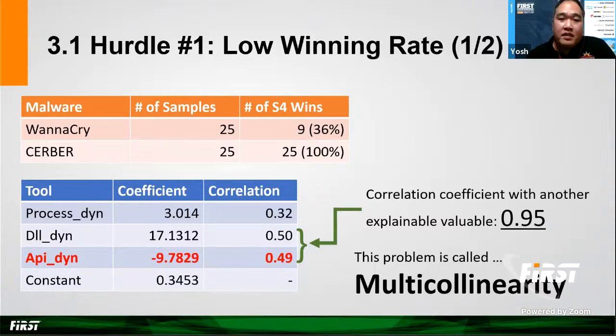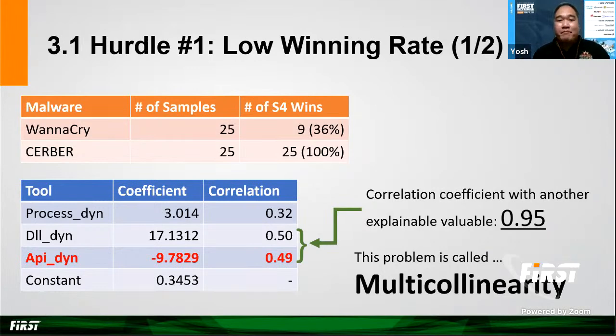We examine the correlation value between the target variable and the explanatory variables of the tool. Correlation value is an indicator of how much these two variables are related. The correlation value is 0.49, a positive number, which means that as one increases, the other also tends to increase.